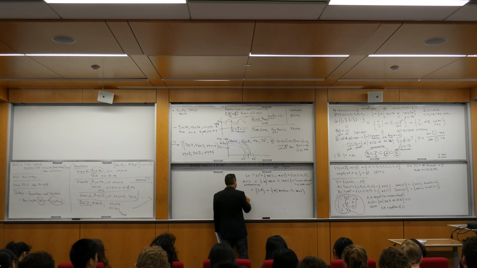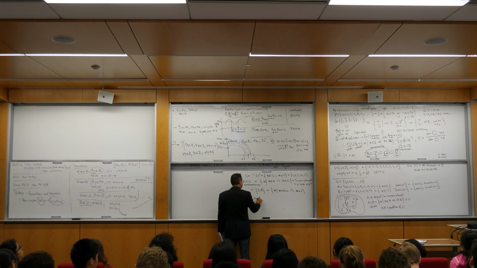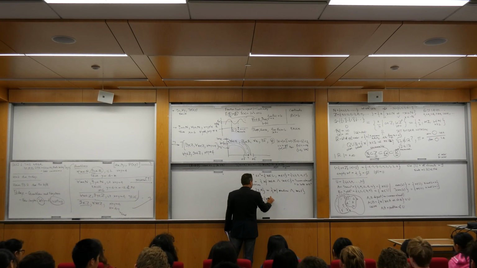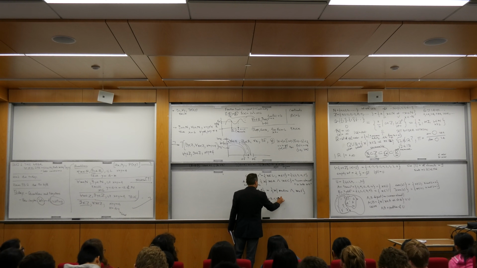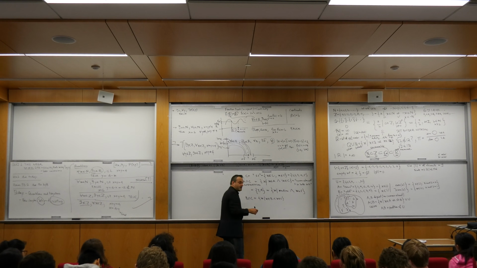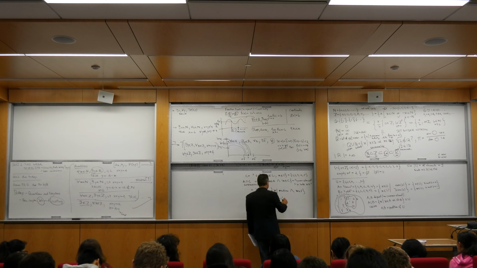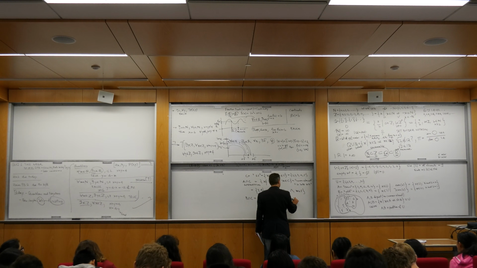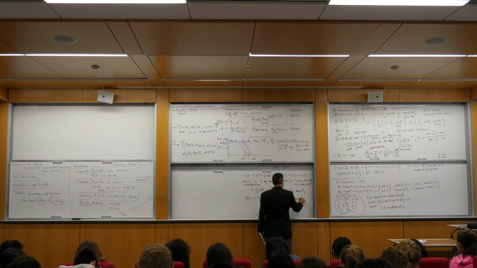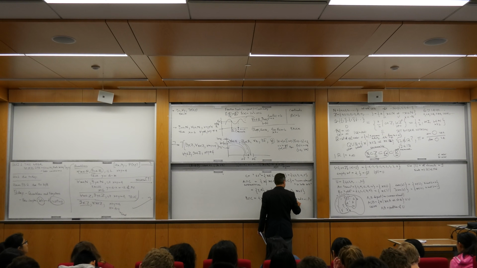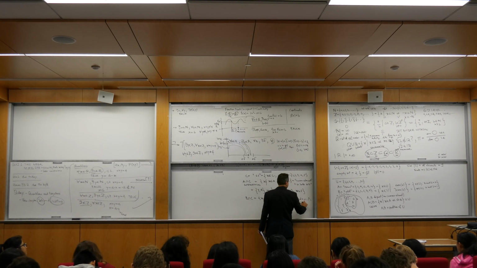How about B intersect C? So I mean the odds that are less or equal to 5. x mod 2 is 1 and x is smaller than 5.